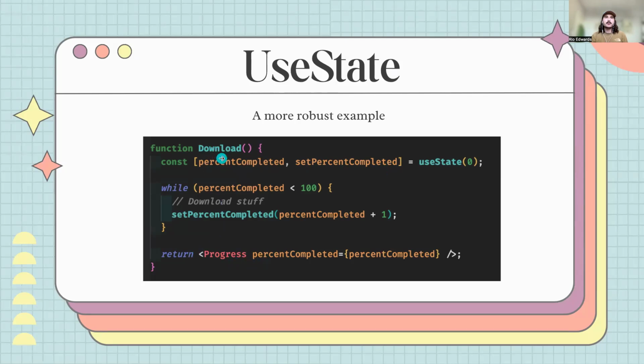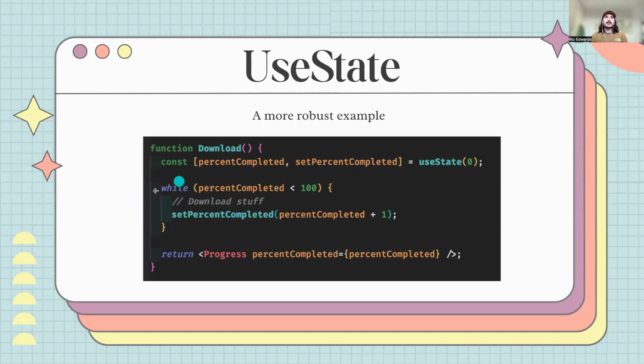And so this component Download has another component, or it's returning another component called Progress. And we could imagine Progress takes in as a prop the percent completed, and then it does some display. It could do maybe a progress bar. And then in here, we have a while loop.